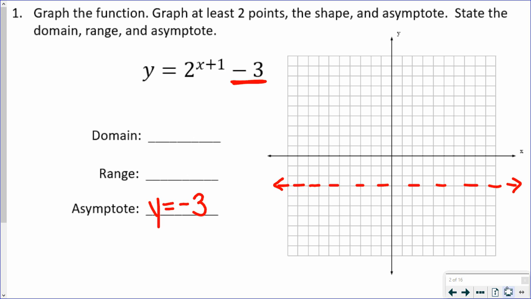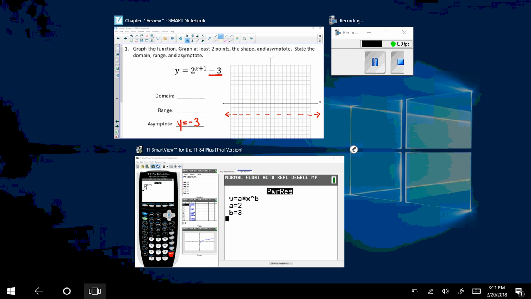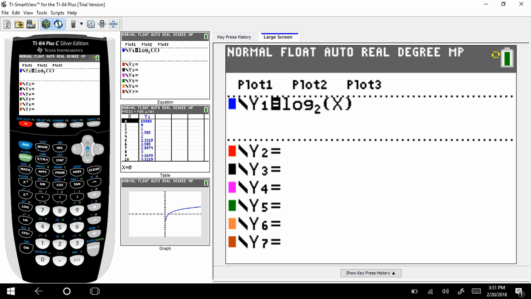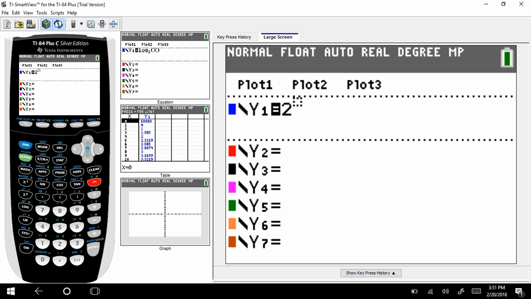So then we can type this into our calculator. So I'm going to go to this and then clear that out. So 2 to the, what was it, x plus 1 minus 3. X plus 1 minus 3.